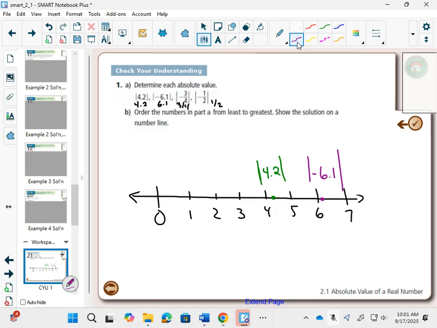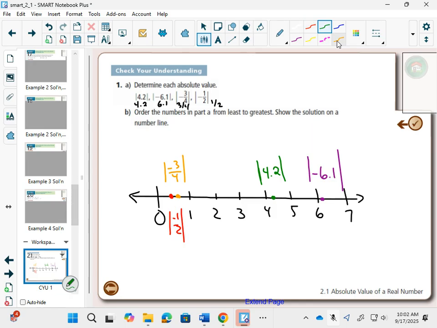So this is where it would be on the number line. If I labeled it with the absolute value, I just want to write 6.1 because I'd like to simplify these all. It makes it easier to visualize. If I like negative 3/4, I would be like, I just want to write here 3/4, but I can write it this way as well. Same thing with negative 1/2.